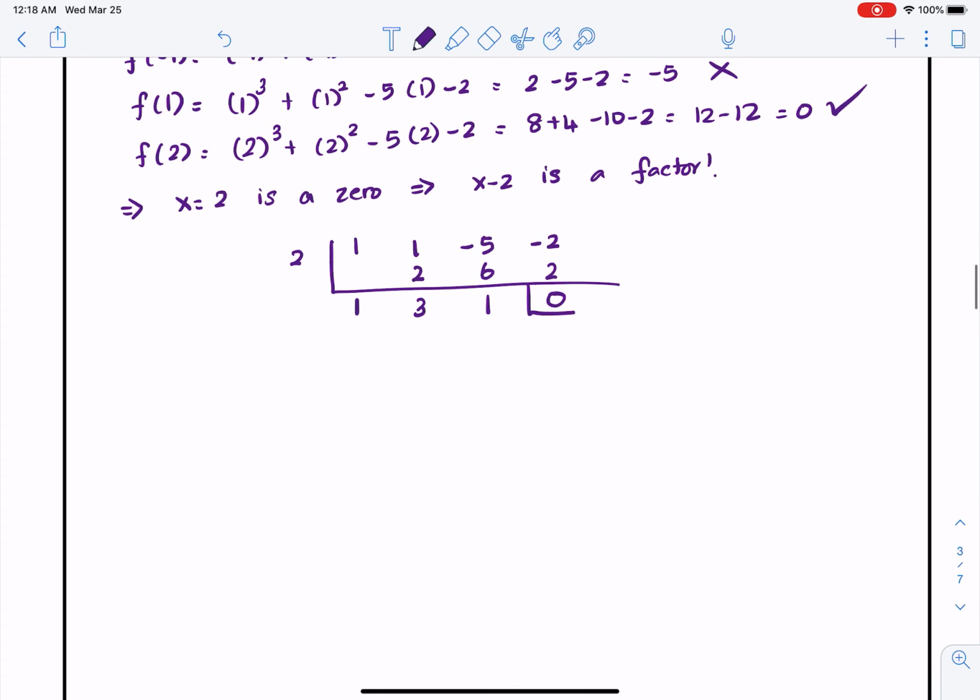So the leftover polynomial is x squared plus 3x plus 1. So that is the quotient at the end of synthetic division. So we have to set this equal to 0 and solve for x.